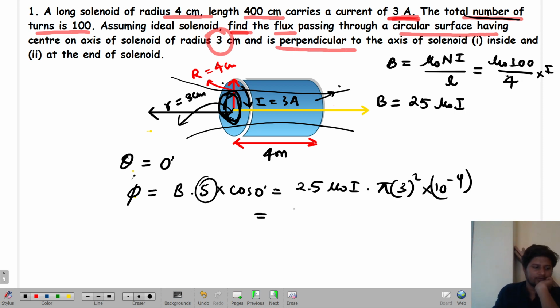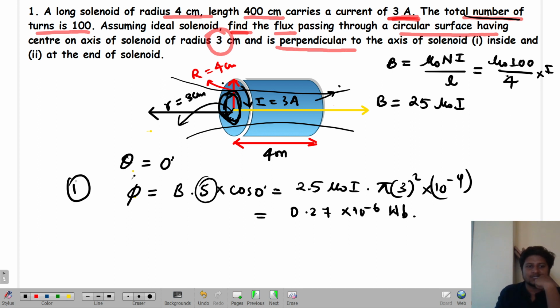So if you solve it, it will come as 0.27 into 10 to the power of minus 6 Webers, or Tesla meter square. Okay, this is the first question answer.